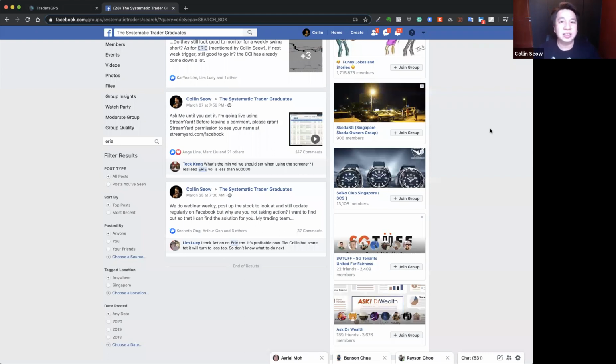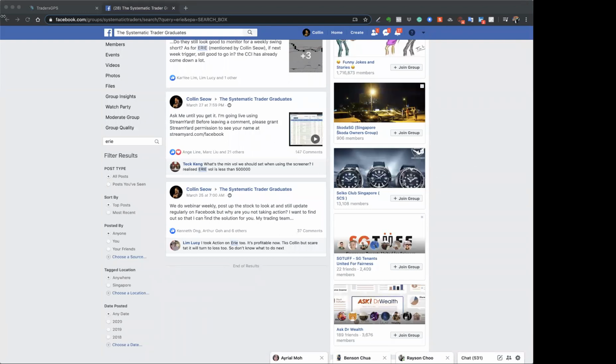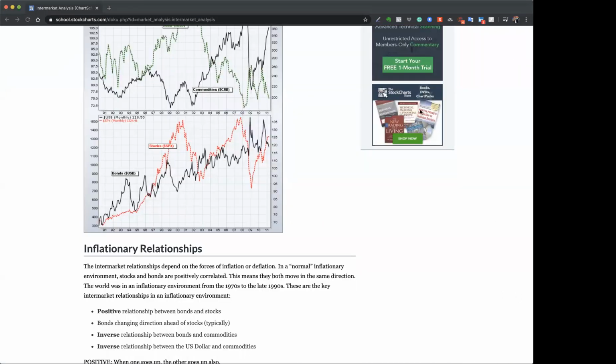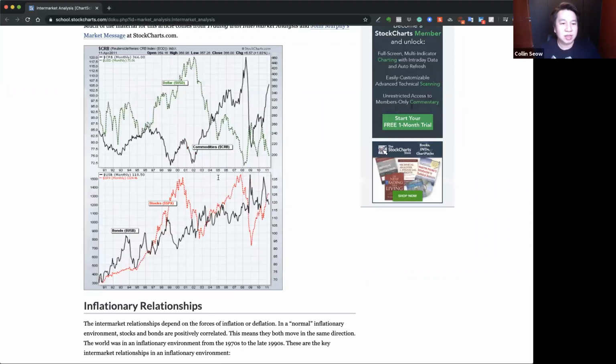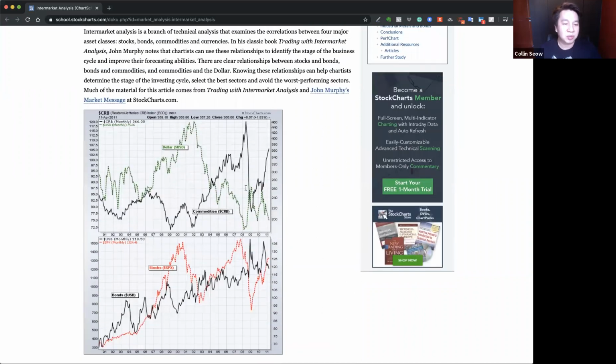One of the interesting things I wanted to do is this thing called intermarket analysis, which I think I did during the last crisis also. You can go and search it. It looks at the relationship between stocks, bonds, commodities, and currency.